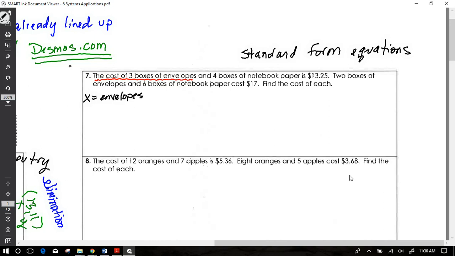And then 4 boxes of notebook paper. So y is going to be paper. And if you add those together, the total cost is going to be $13.25. So let's write that: 3 boxes of envelopes and 4 boxes of notebook paper is $13.25.